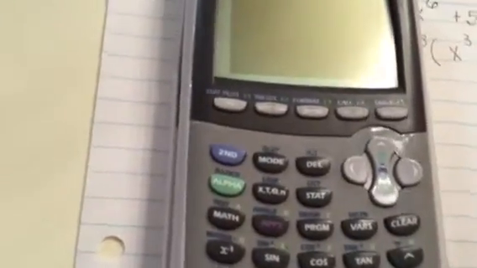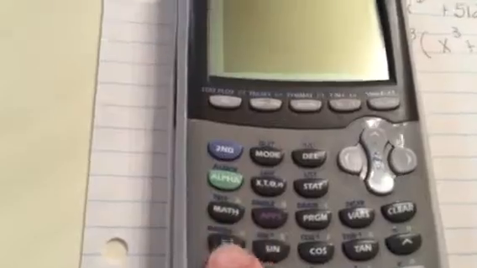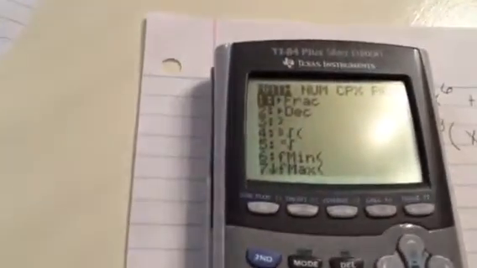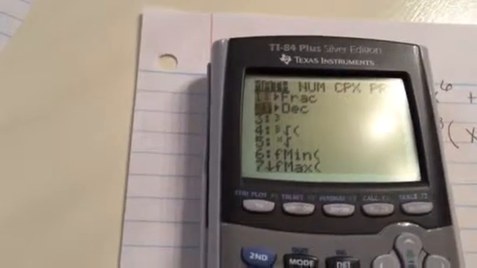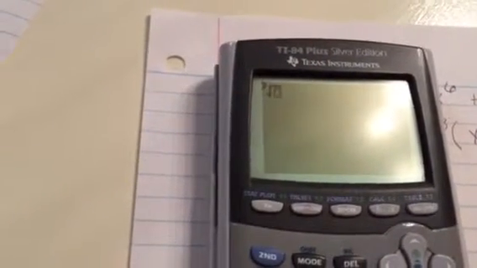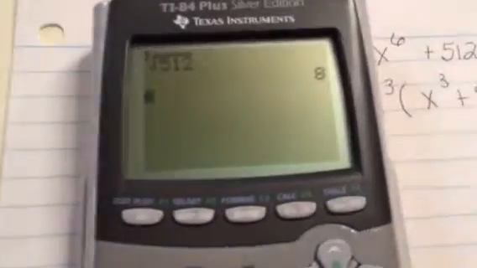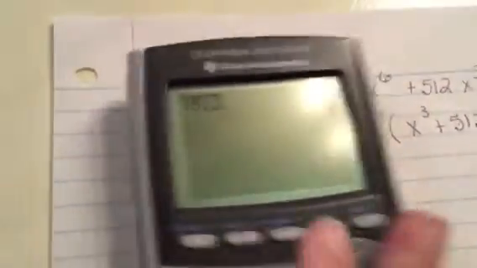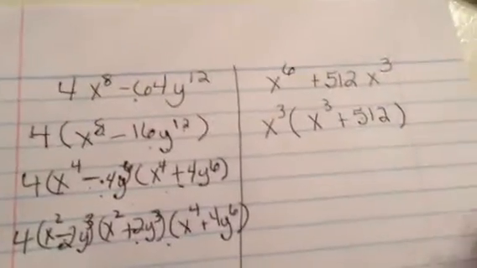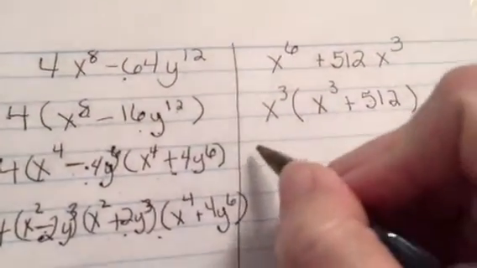So on my calculator, I'm going to press my math button right here, and I'm going to look for my cube root option, which is option 4, and then I'm going to type in my 512, and I got an 8. So the cube root of 512 is 8.